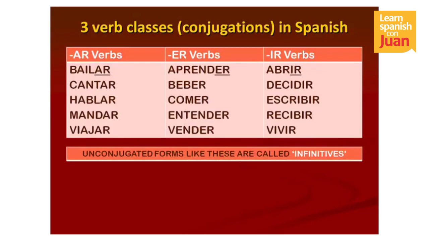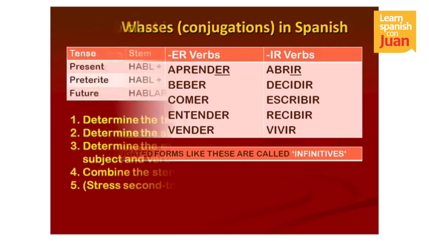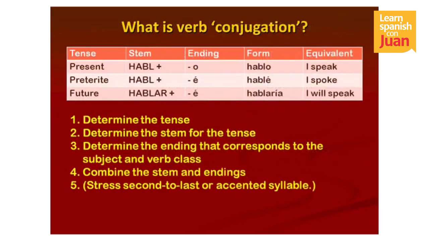In most tenses, the endings we add when we conjugate verb forms will differ slightly for each verb class, as you'll be able to see when we look at the conjugation charts for the various tenses on the slides. This slide shows some common examples of unconjugated verbs, or infinitive forms, for each of the three verb classes. What most people call verb conjugation refers to how specific individual verb forms are generated for each tense.